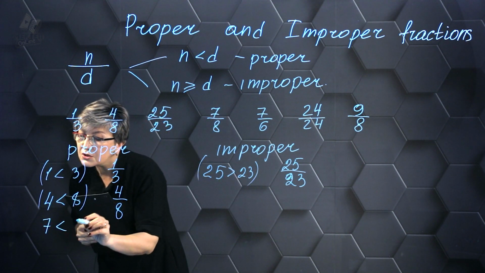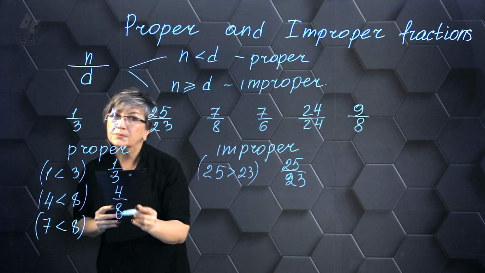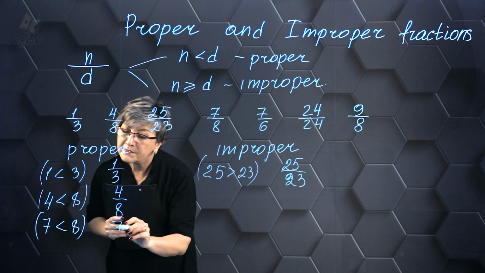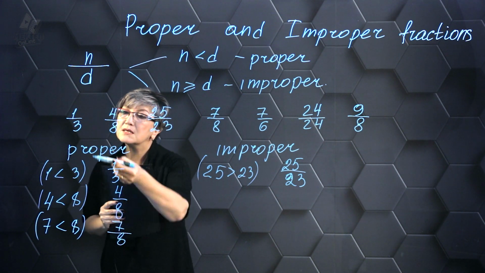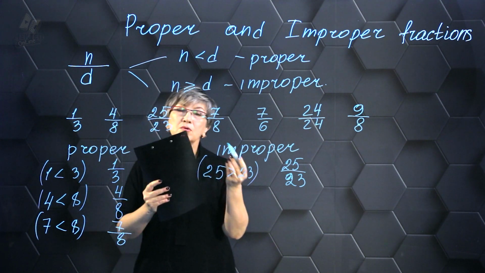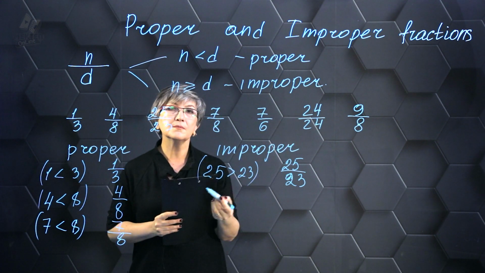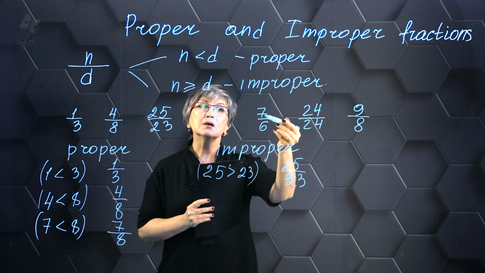Now on to the next fraction, 7/6. The 7 is greater than the 6, so we put it in this column. Next fraction, 24/24. It is important to carefully consider the relative values of the numerators and denominators.